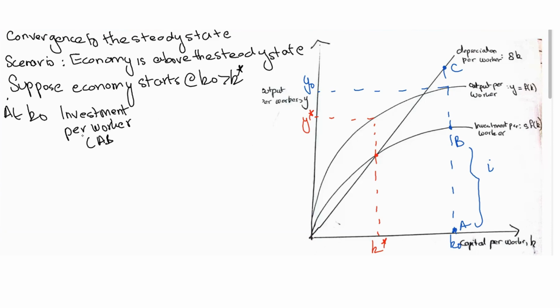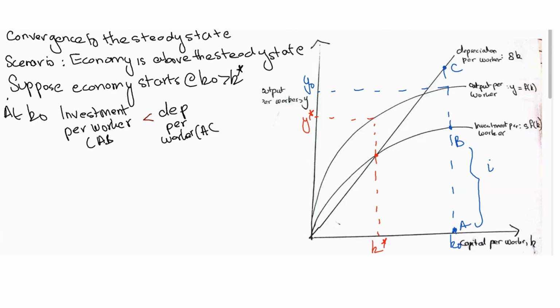In this case, we can notice it is less than depreciation per worker. And you can see from here that depreciation per worker is represented by AC. It's this entire distance from point A to point C on the depreciation per worker line.